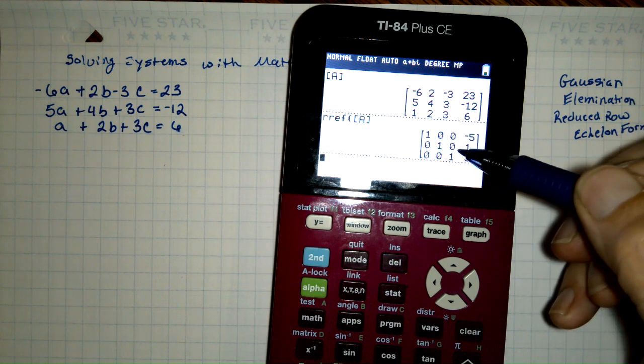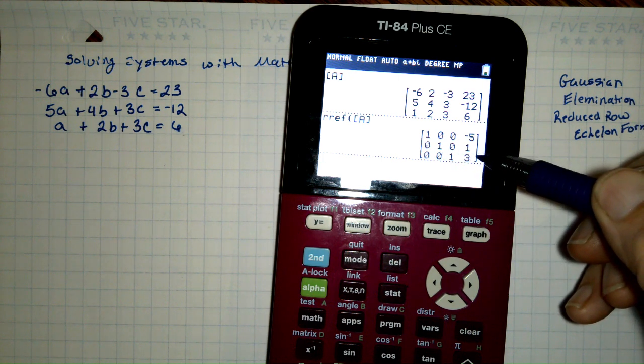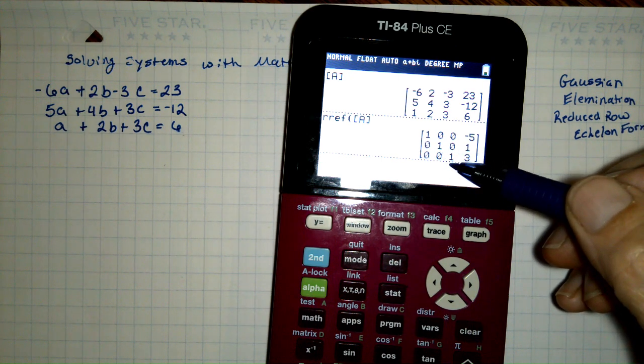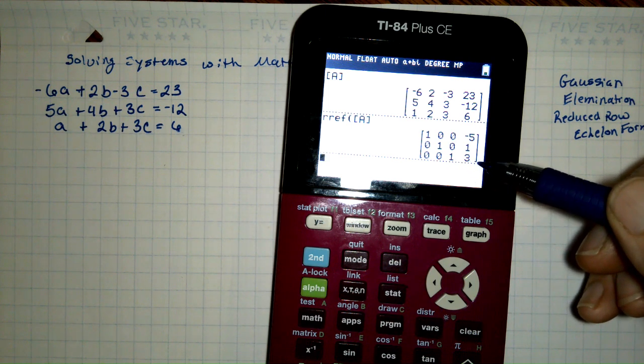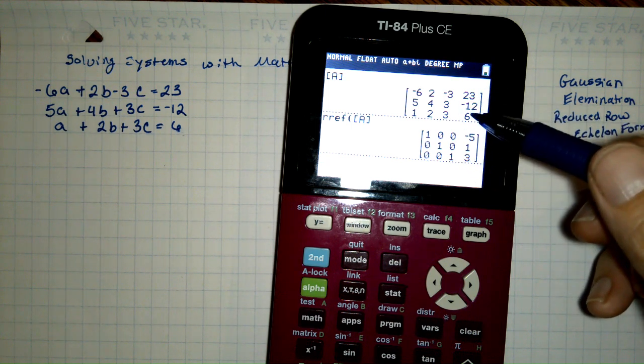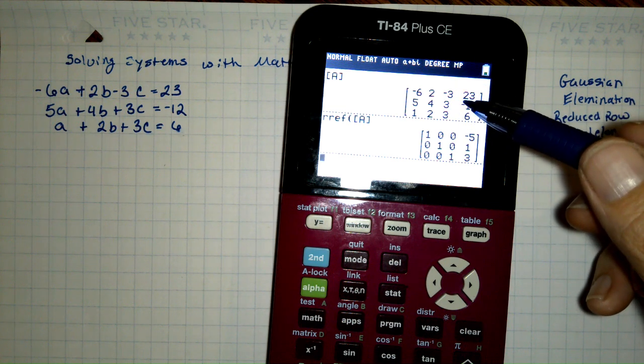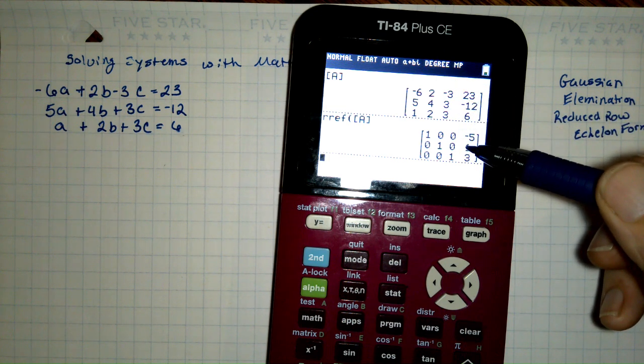No A, no C, just 1B is 1. And with the bottom row, we see 1C is 3. So through some magic calculator math, we went from this complicated matrix down to a reduced row matrix.